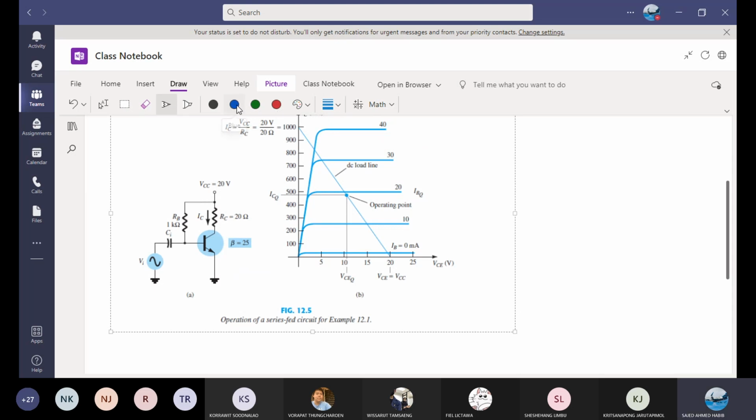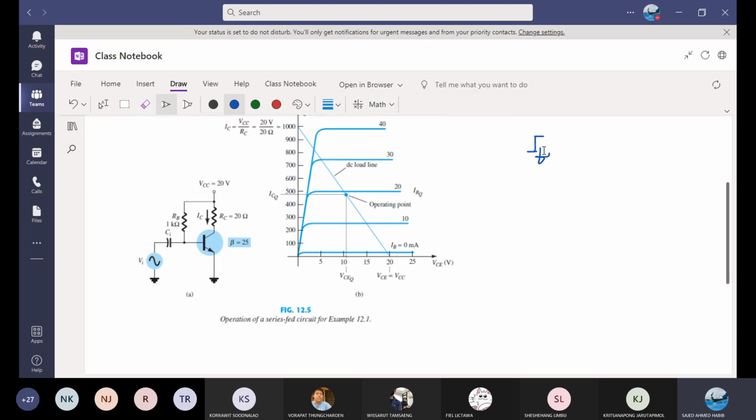I'll write it just here. IBQ is VCC minus VBE divided by RB. So you have 20 minus 0.7.